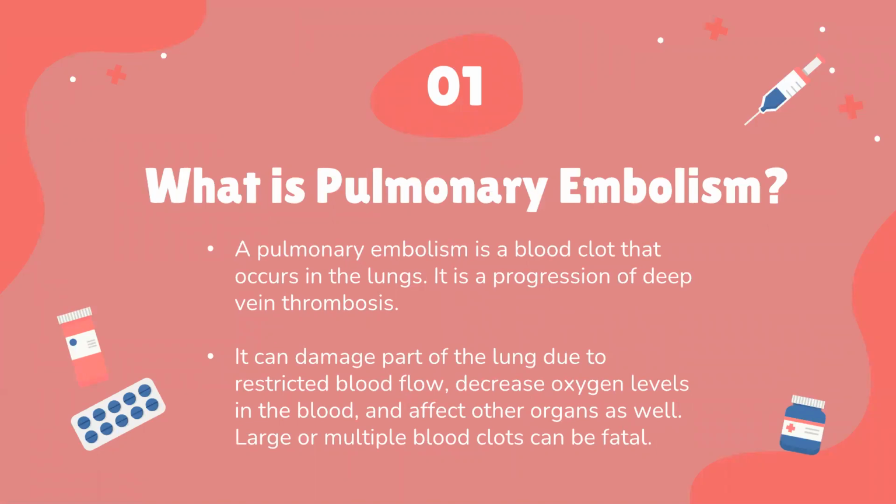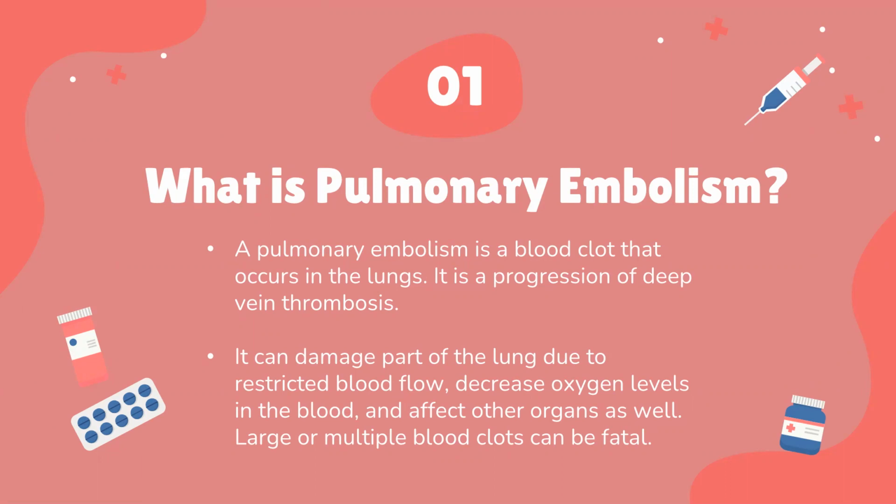So you might have already concluded what pulmonary embolism is. As we already know, the term pulmonary is for lungs, and like I have already described embolism, in conclusion, pulmonary embolism is basically a blood clot occurring inside the lungs.